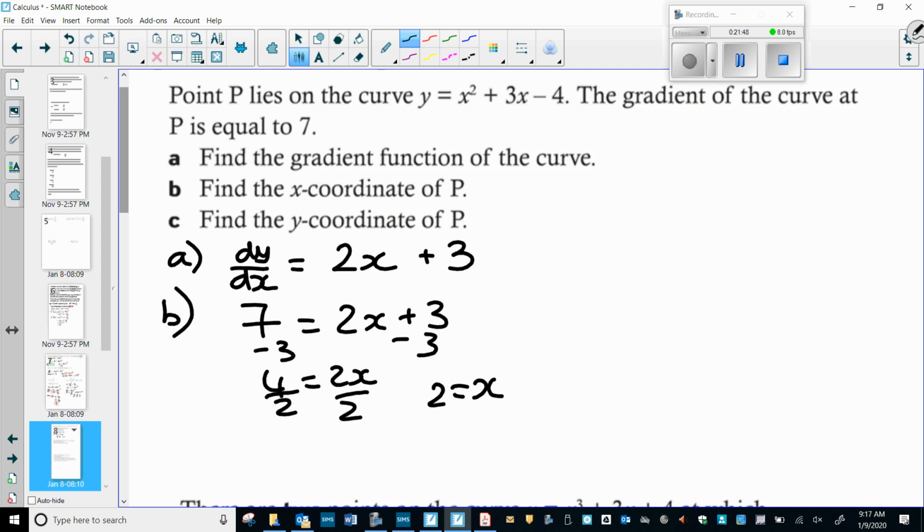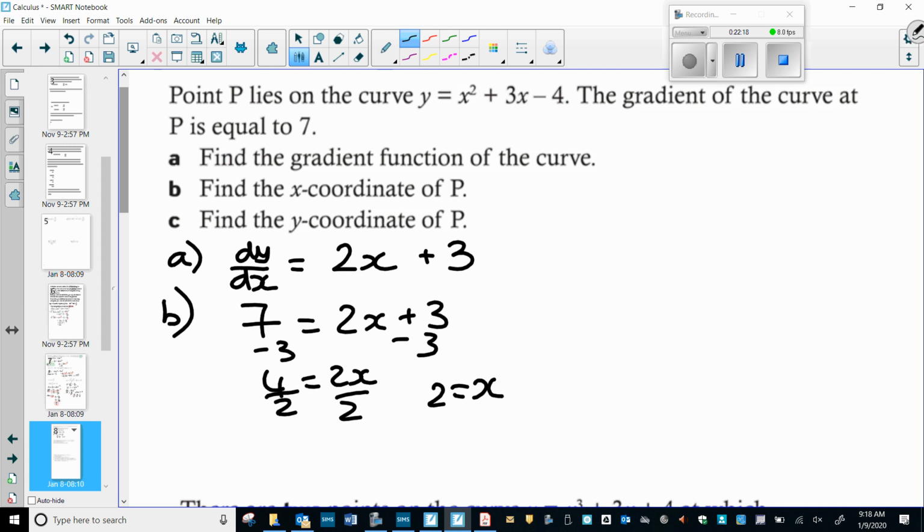So we've established the value of x is 2. We've been asked to find the y coordinate. Someone said that we need to substitute this value in, and Jodie has said that it has to be this expression here. Why does it have to be this one? Trying to find the y coordinate.